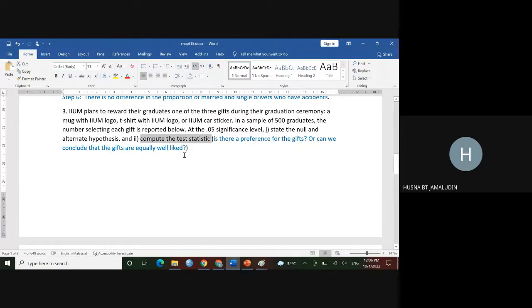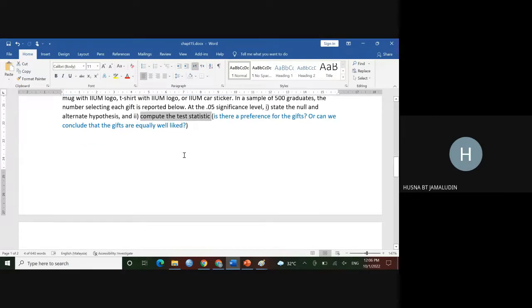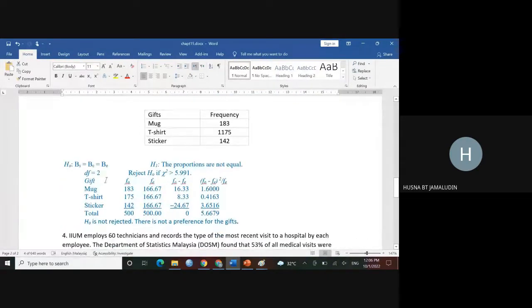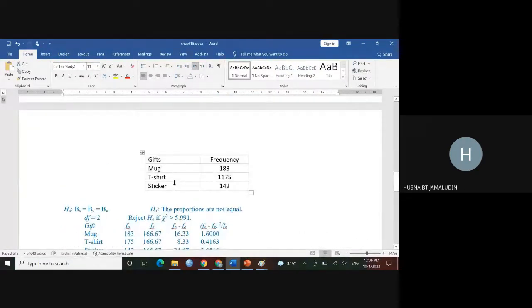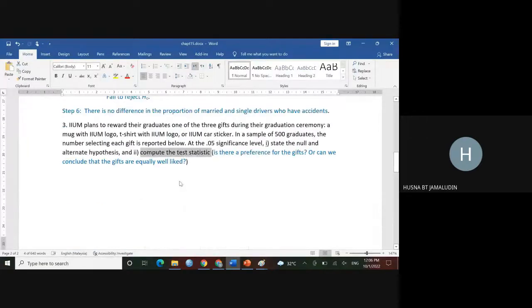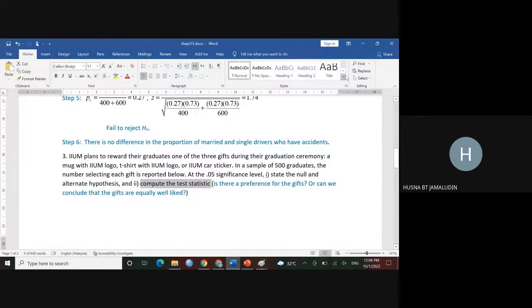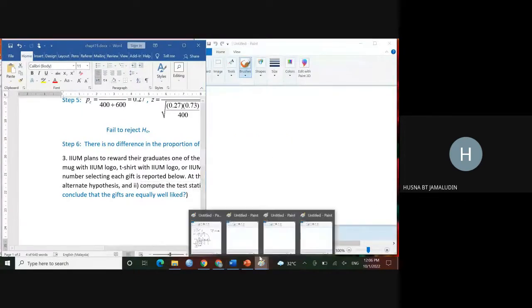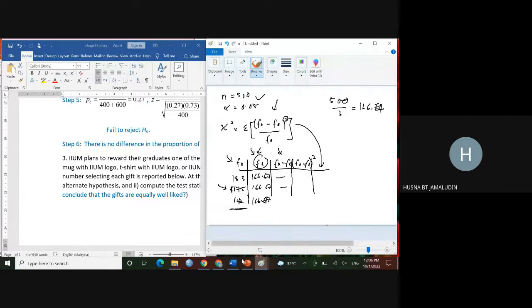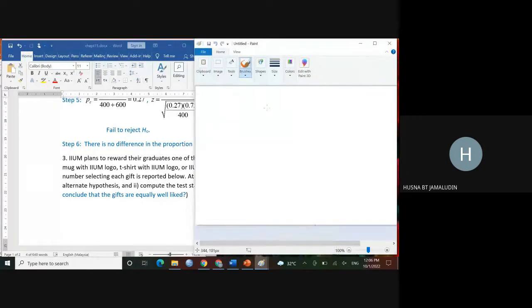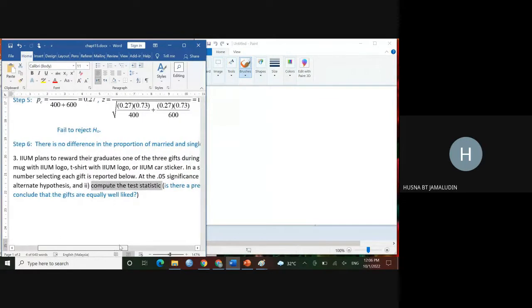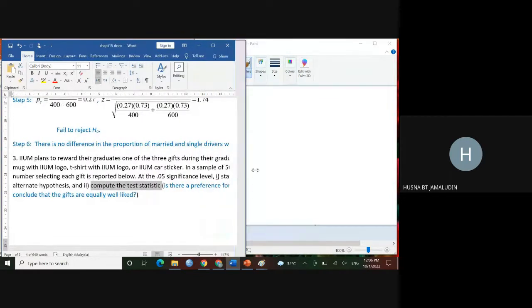This is hypothesis testing, so you're going to have 6 steps. Step 1 is to derive the hypothesis. So how to state the null hypothesis and the H1?